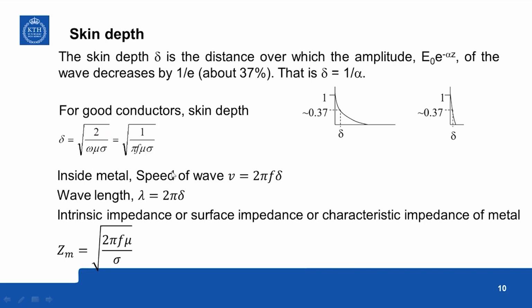And it also depends upon mu and sigma. And similarly, you can verify that inside the metal, speed of the wave v equal to 2 pi f times delta. At home, you can substitute in your equations and verify all these expressions. So wavelength lambda is nothing but 2 pi times delta, that is skin depth.